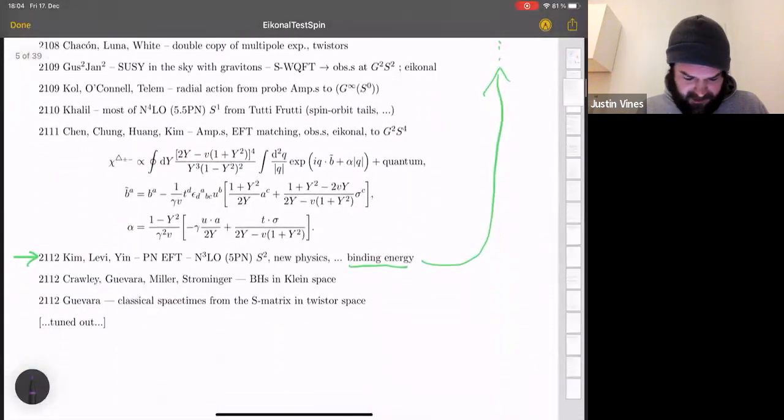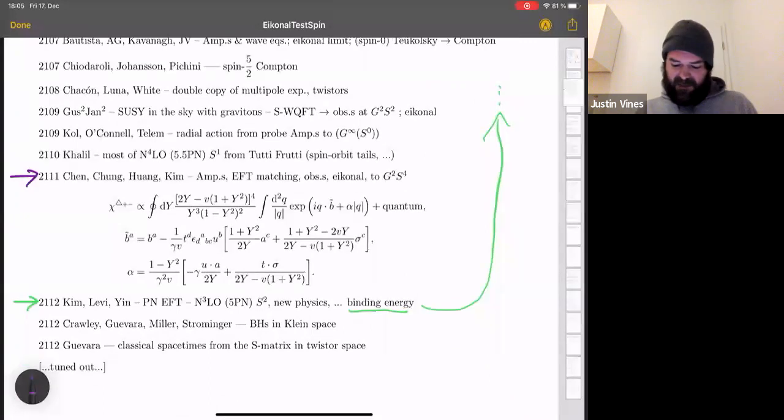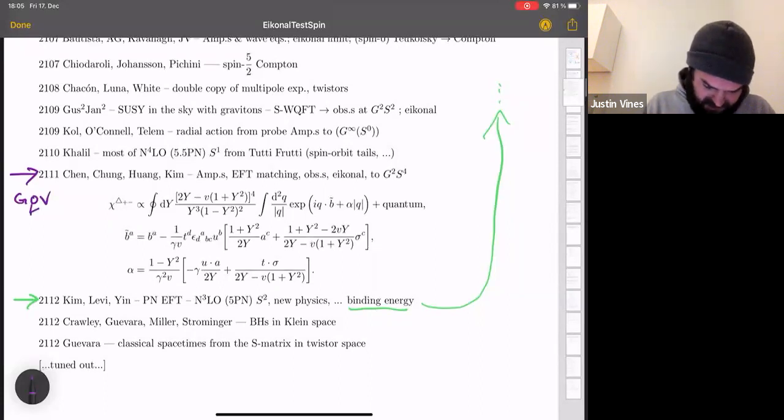Where are we? Here. This is essentially the same GOV thing. GOV, sorry, is Guevara, Ochirov, and me.